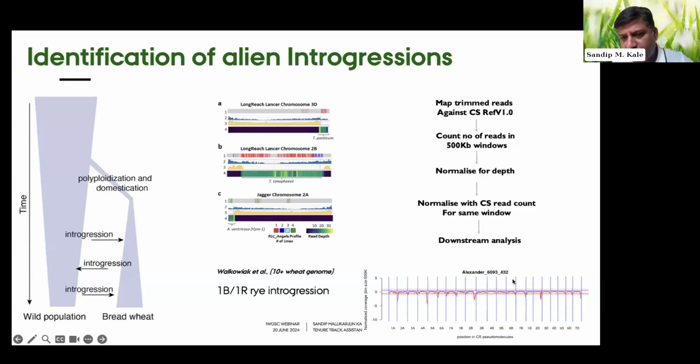This is one example for a winter wheat variety. You can see the normalized coverage all over the chromosomes, but you also see drops in coverage on different parts of the chromosomes. For instance, here on this 2A introgression, you see a drop in coverage, and we use this coverage data to identify the introgressions.